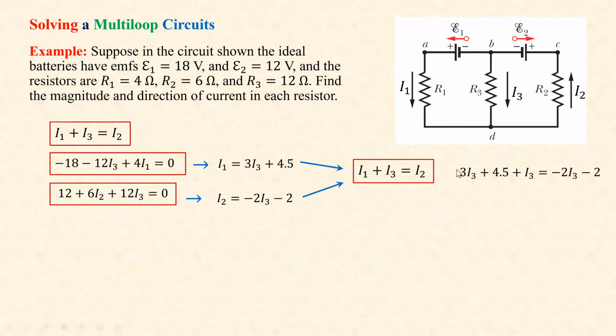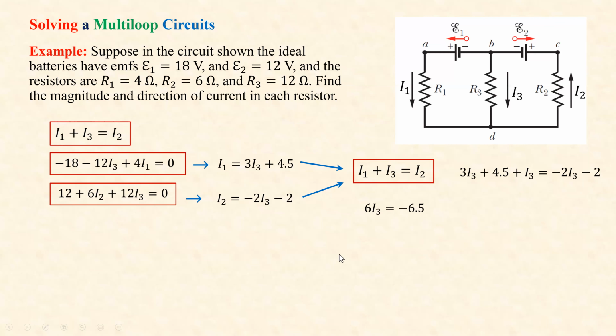So now we see that we have only I3 in this equation. Now we can solve for I3. If we bring this negative 2I3 over and move this 4.5 over, we get 6I3, right? 2 and 1 and 3, 6I3, and then this goes over, becomes negative 4.5, negative 2 becomes negative 6.5.